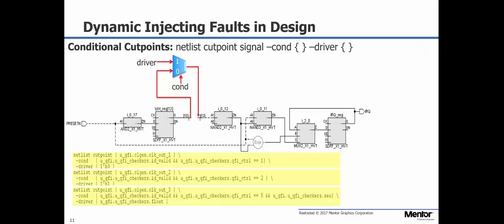With this technique, we were able to compile our CPU design with 1.7 million gates and with 1 million faults within 1 hour. So it's a dramatic reduction of compilation time.